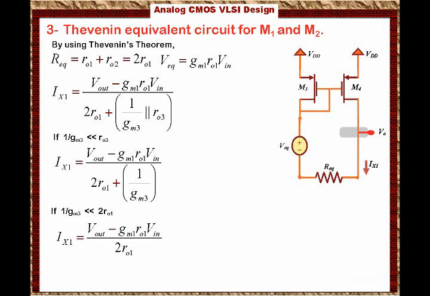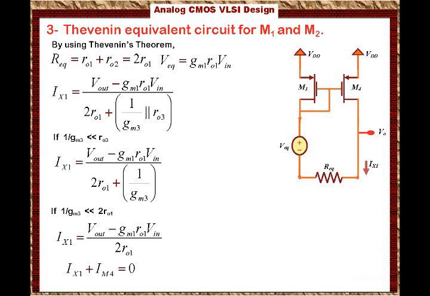Now I will sum the currents at V out, and by KCL, Ix1 plus Im4 equals 0. We know that the current flowing through M4 has two components. One of them is a mirror image of M3: whatever current flows through M3 must also flow through M4.